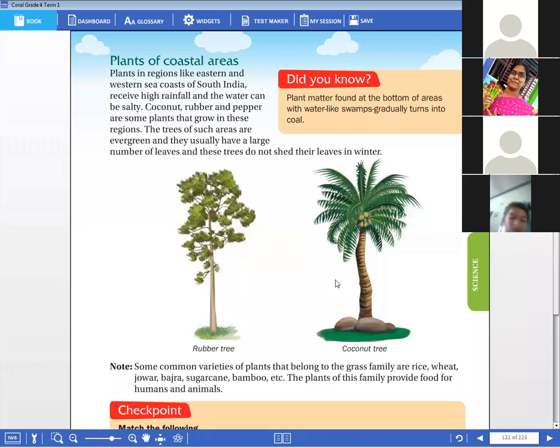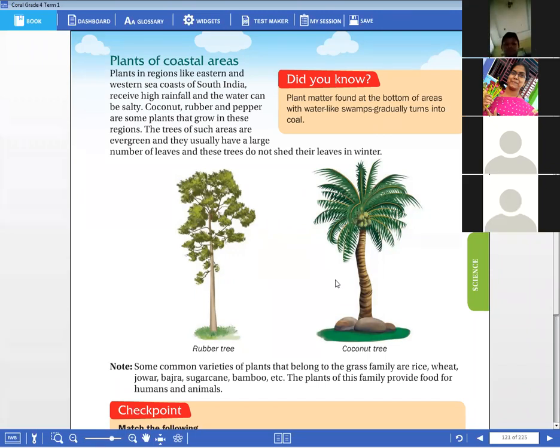Plants in regions like the eastern and western sea coasts of South India. See, children, North India doesn't have any coastal area because North India is surrounded by different countries like Pakistan, Bangladesh, Nepal and all. There is no seashore, no seas there. But coming to South India, children, the east and west sides of South India are covered with water.